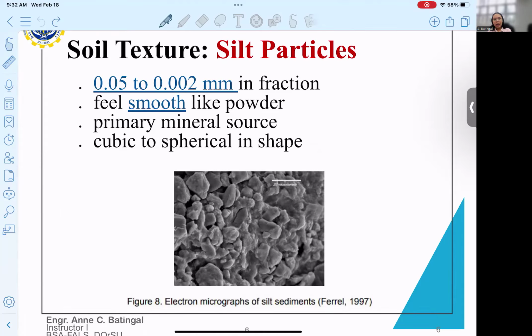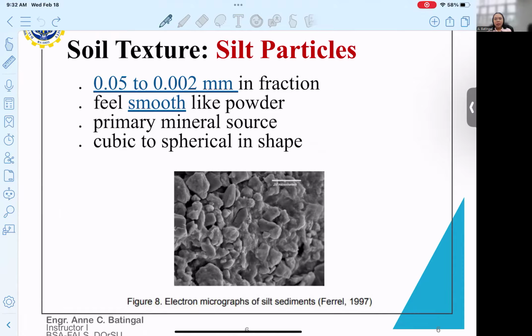So your sand and your silt particles are closely similar in terms of shape and mineral composition. So same lang sila of shape and mineral composition, which is your primary minerals. Asa sila nag-vary?